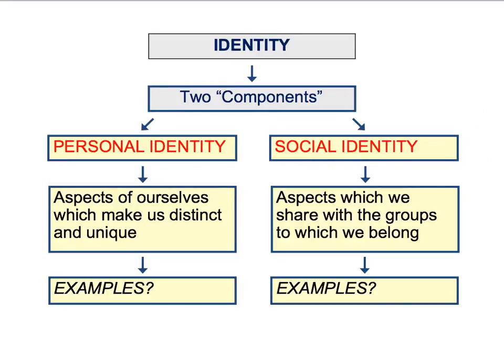This is the other component part of an identity. Social identities are aspects of ourselves which we share in common with the groups to which we belong. So social identities are based on our membership or our identification with particular social groups.